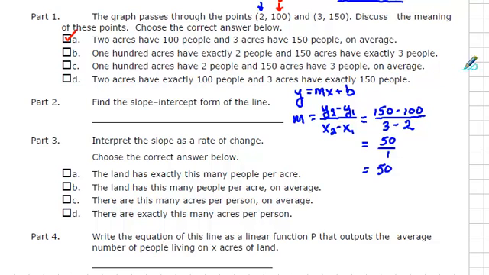In order to find the y-intercept of the line, what we can do is to substitute the slope 50 into the equation along with the coordinates of one of our 2 points. If we use the first point, we could substitute 2 for x and 100 for y. So let's go ahead and do that. For y, we'll substitute 100.